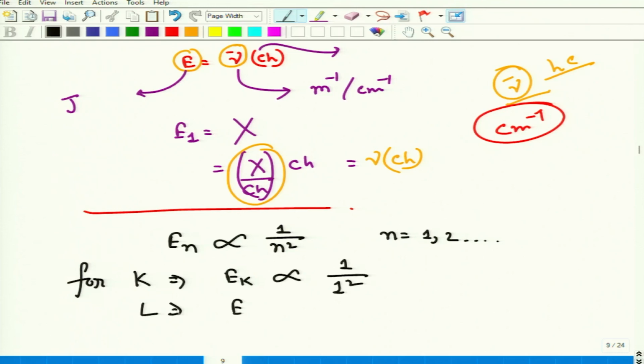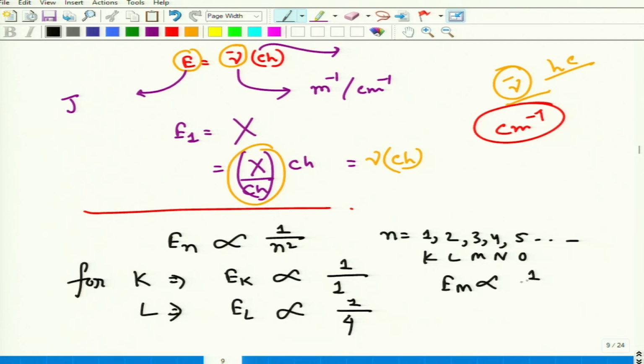For L, that means n equals 2, K, L, M, N, O, these are the shells, so for L it's proportional to 1 by 4.